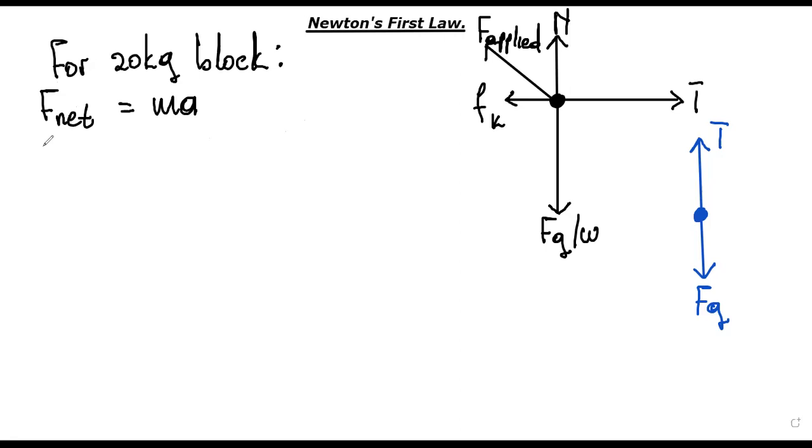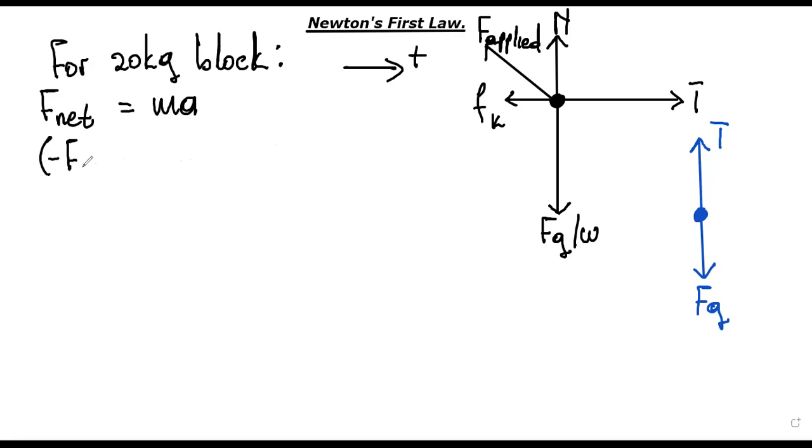It's going to be F in the X, and we have to assign a direction. So let's say anything that's going to the right is positive. And preferably, always choose the direction of motion as positive. So here we can see that the horizontal component of the applied force is going to the left.